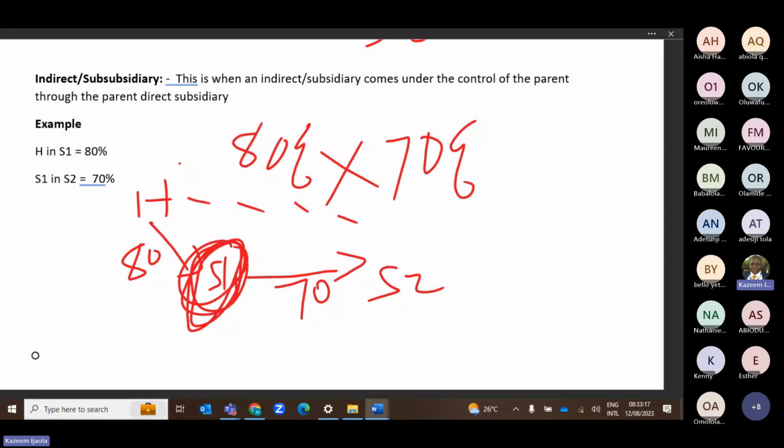The indirect holding that H has in S2 is 80% of what X1 owns in S2. So what is 80 times 70, everybody? Please give me the answer. 56.00, that's 56%. So H in S2 indirectly is 56%.